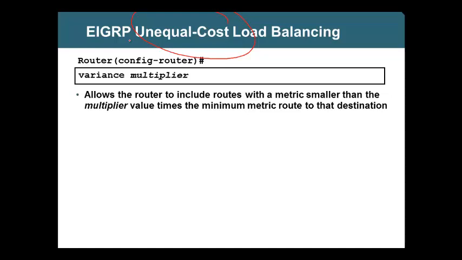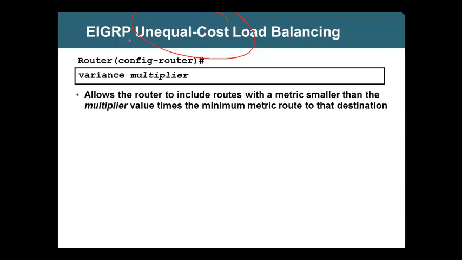If you have only one path as the best path, but there are other paths in the feasible successor list, meaning there are other paths in the topology table with feasible successors for a destination, you can increase the variance number.